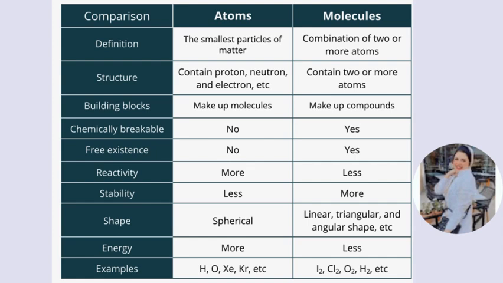Chemically breakable, which means can an atom be broken? No, it cannot. Can molecules be broken? Yes, they can. Free existence, as I said before, atoms cannot be free or independent. Atoms can join together to form a molecule, which has free existence.